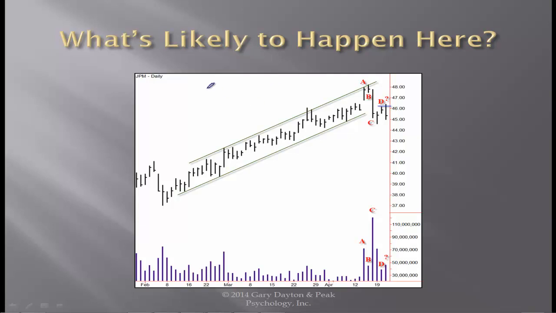Now, another little trick that you can do is to take the true range of the bars. Everybody know what the true range is? When you have a gap like this, we would say that the actual true range of the bar is from the close of the prior bar on up.